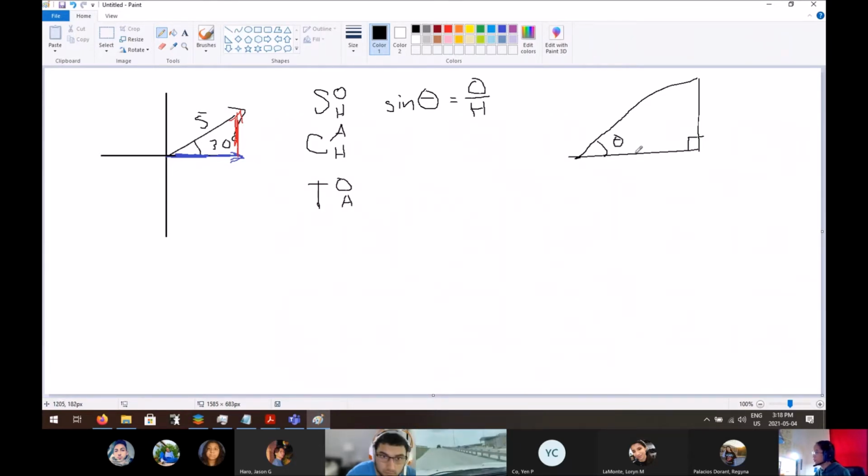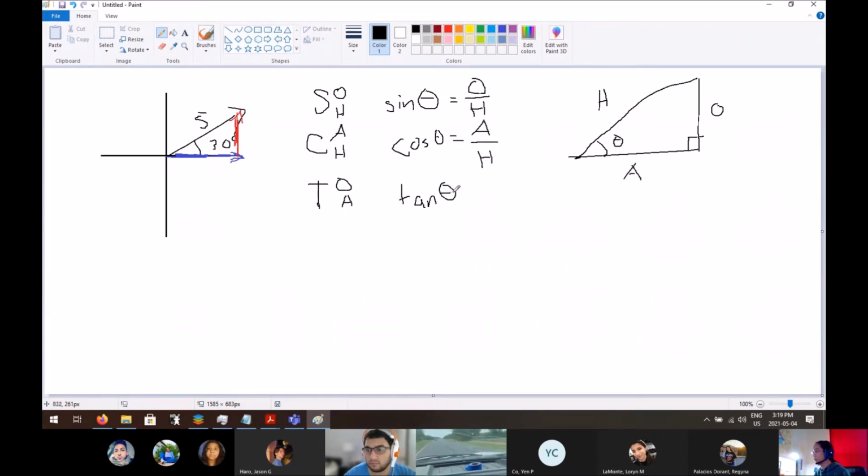The side directly opposite to it is opposite, of course. The hypotenuse is the longest side, opposite from the right angle. And the remaining one, which is adjacent to theta and not the hypotenuse, is adjacent, right? Sine of theta equals opposite over hypotenuse. The cosine of theta equals adjacent over hypotenuse, and tangent is the same thing, except it's opposite over adjacent, right?